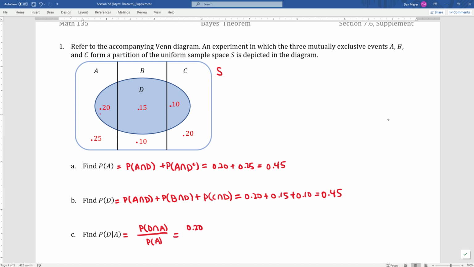That's this event right here. The probability of A we found in part A to be 0.45. And then if we do 0.2 divided by 0.45 on the calculator, you get an answer rounded to 4 decimal places of 0.4444.